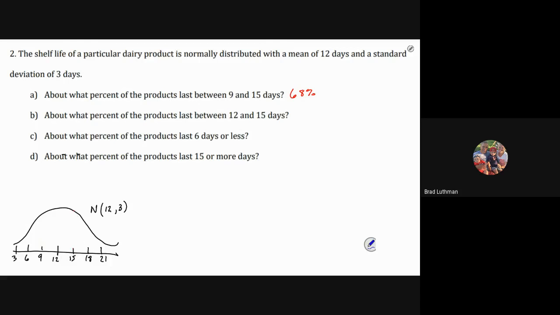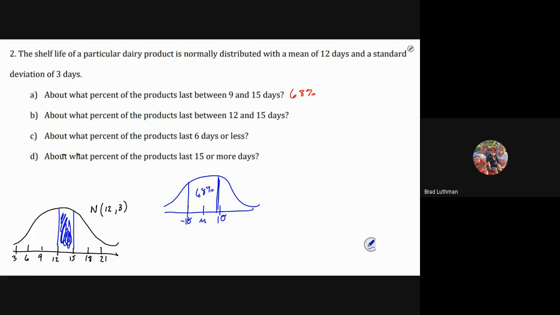You should be. Okay, what percent of the products last between 12 days and 15 days? So now we're looking at something where we want to find this. Here's the way I think about it. There's the mean, and we know that one standard deviation below and one standard deviation above is 68%, right?